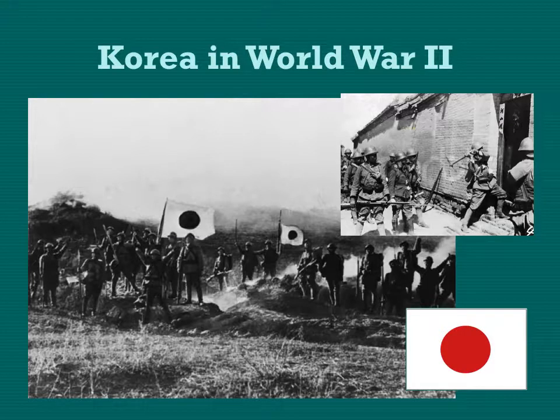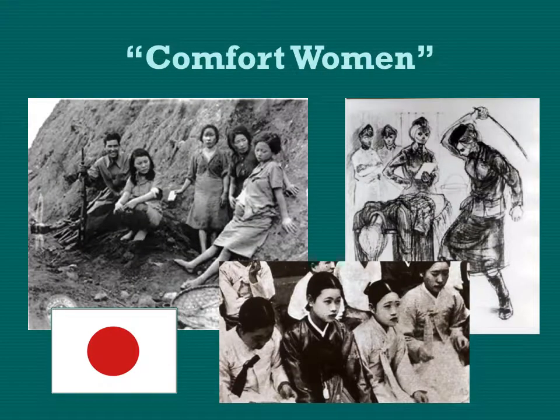We're not going to focus too much on Korea during World War II, obviously, but I will just bring up one aspect that usually is left out, which is the discussion of comfort women. The comfort women are a very sad chapter in Korean history where you have women who are basically taken as sex slaves, as servants, by the Japanese government, by the Japanese military.